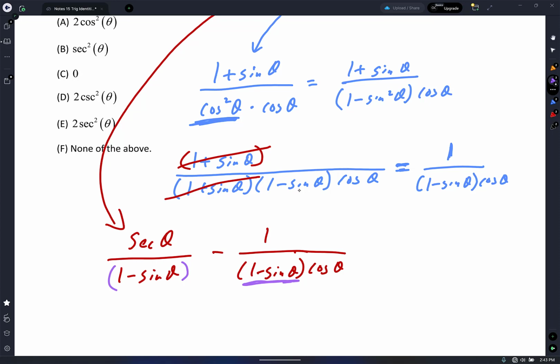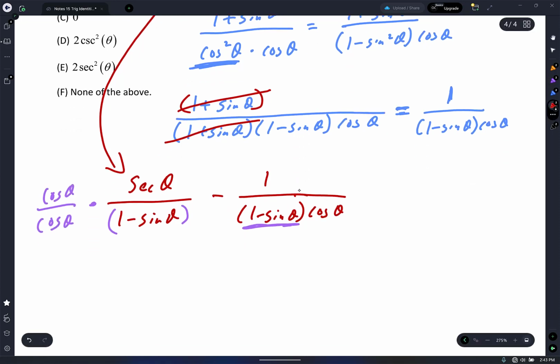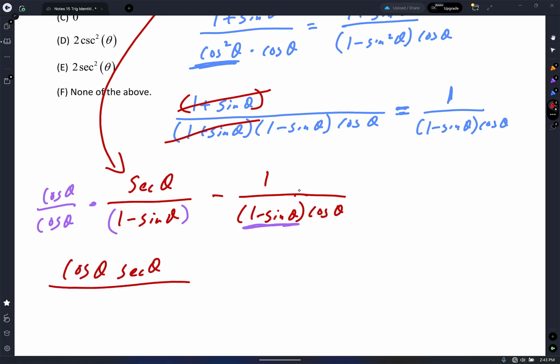So if I want to subtract them, I need a common denominator, which means I'm just going to multiply this left term by cos over cos. So now when I do that, I have cosine theta secant theta over 1 minus sine theta times cosine theta, minus 1 over 1 minus sine theta cosine theta.